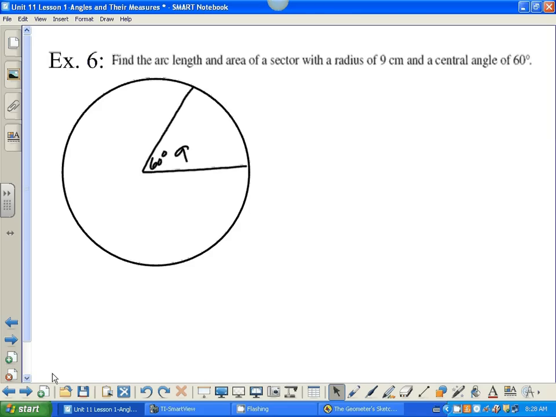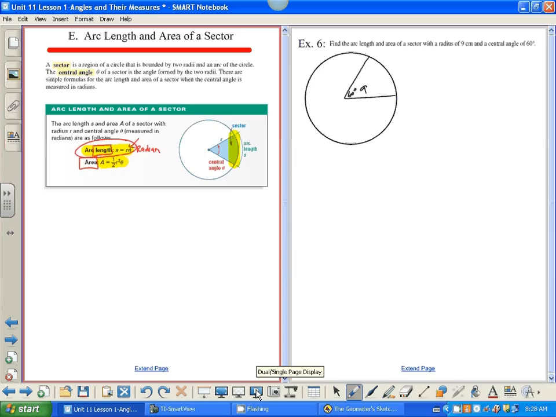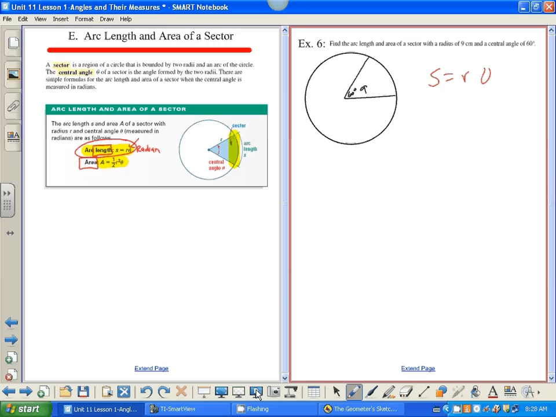The question is asking to find the area and find the arc length. So when I want to find the arc length, which is denoted as S is equal to R times theta, my radius is 9, but I cannot put 60 degrees in there. 60 degrees is not a length.